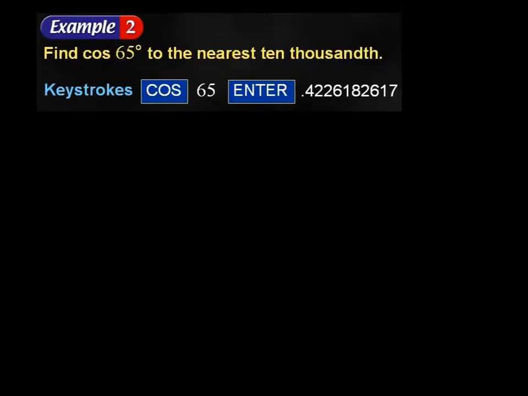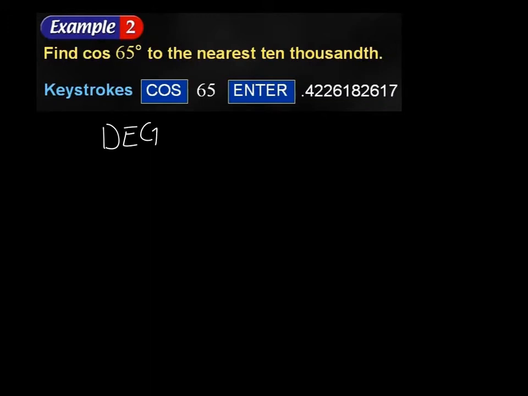Find the cosine of 65 degrees to the nearest ten-thousandth. On the multi-view calculators, it's nice because you look in the upper right-hand corner and you can see a tiny DEG, which means that we are in degrees. In the older calculators, you had to type it in backwards.